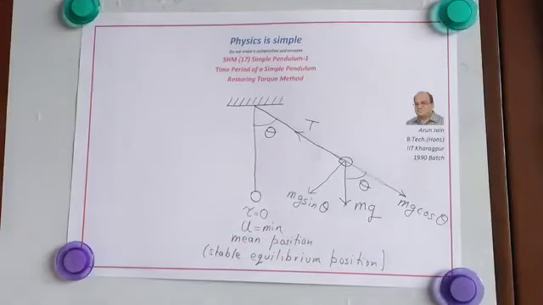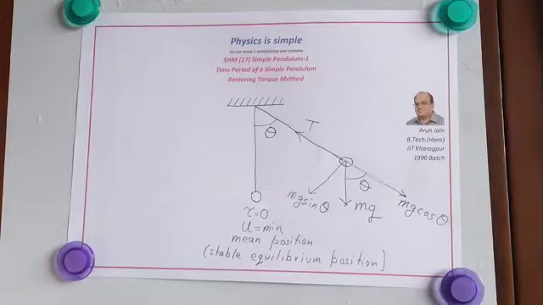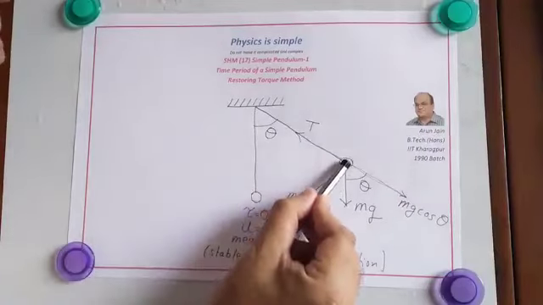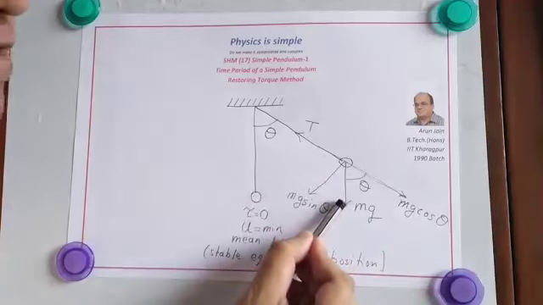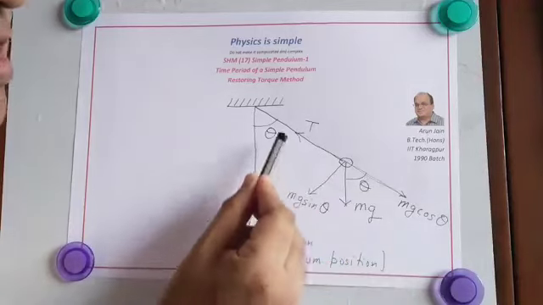Now somebody may think, why do you resolve mg into components, why not tension? We always resolve forces in the direction of acceleration and perpendicular to acceleration. So this bob is not accelerating in this direction. Therefore, resolve this mg into components, not tension.